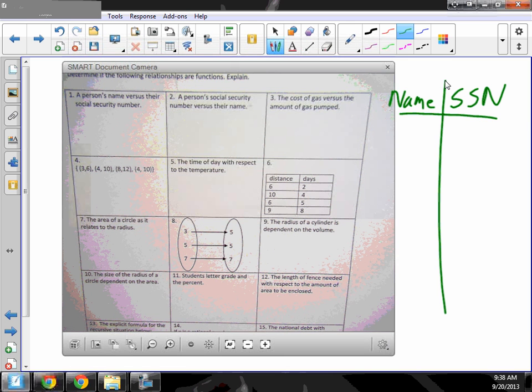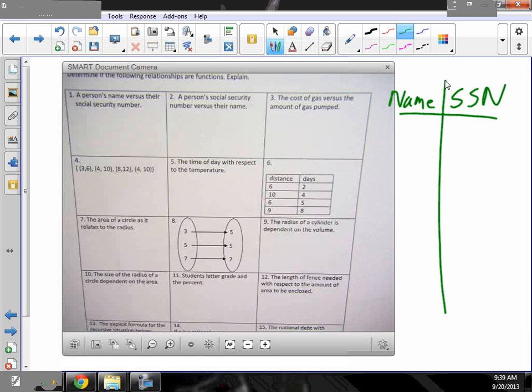So if there were two people that have exactly the same name, they're two different people, so they'll have two different social security numbers. So that would not create a function. So that would be no. What if I said people in the United States versus social security number? That would be yes, but it said names. So that would not be a function.